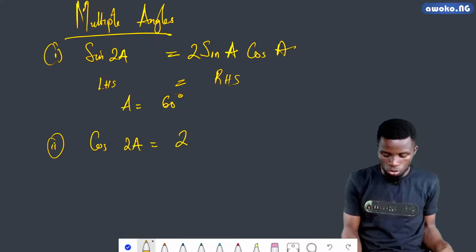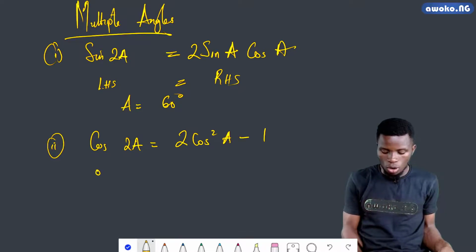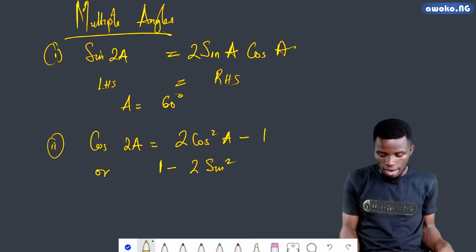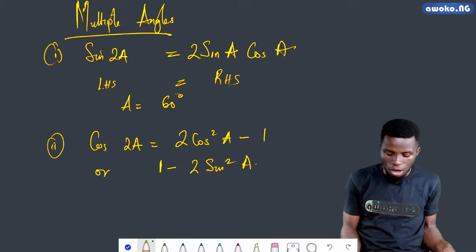Alright, so the second one is the multiple angle cos 2A. Cos 2A will be equal to 2 cos square A minus 1, or is also equal to 1 minus 2 sine square A. And how do we get this?